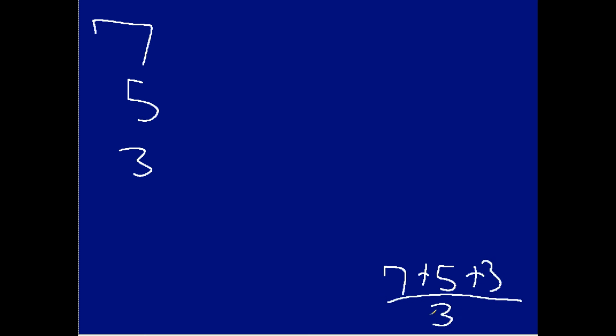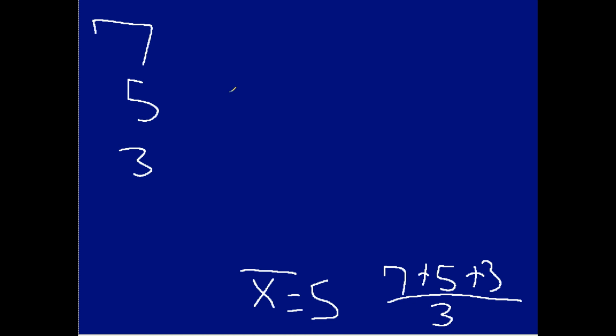Why do we divide by 3? Because that's how many numbers we have here. 7 is one number, 5 is our second number, 3 is our third number. That's our sample size right here, which is 3. If you do this, 7 plus 5 is 12, 12 plus 3 is 15, 15 divided by 3 is 5. So our x bar is going to be 5. X bar stands for the mean.